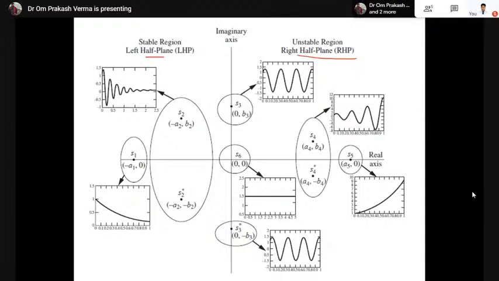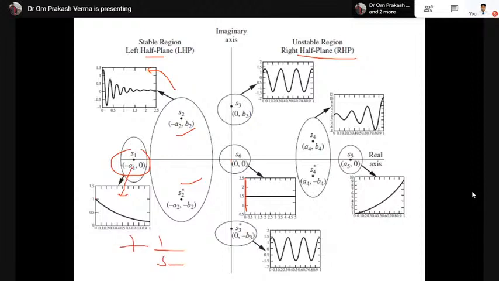If a single pole is located here, the response is like this. When two conjugate poles are lying here and here, the response is like this. When a single pole is lying like this, the response is e to the power minus t, that is 1 upon s plus 1.